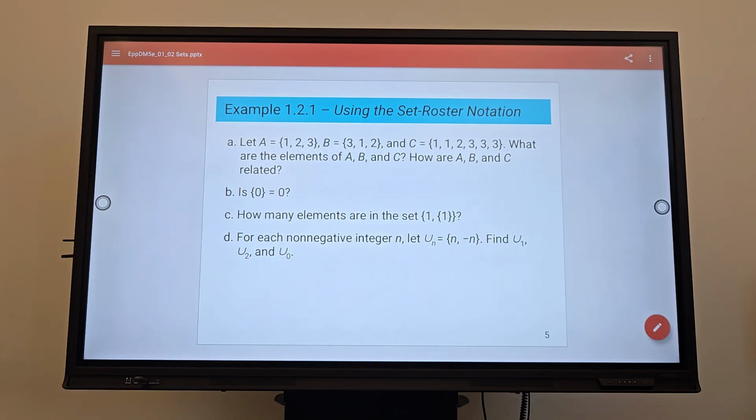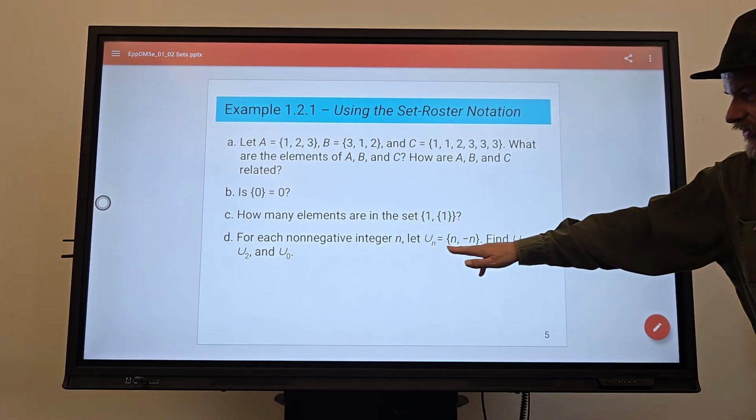For each non-negative integer n, let U sub n equal {n, minus n}. So what would U sub 1 be? {1, negative 1}.